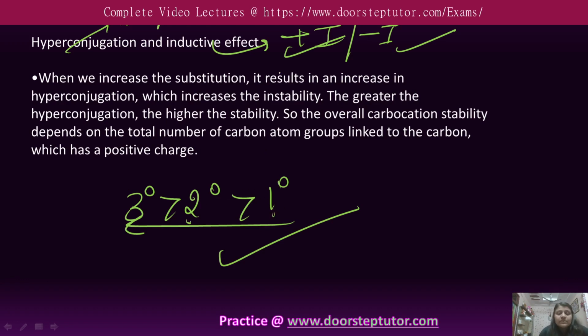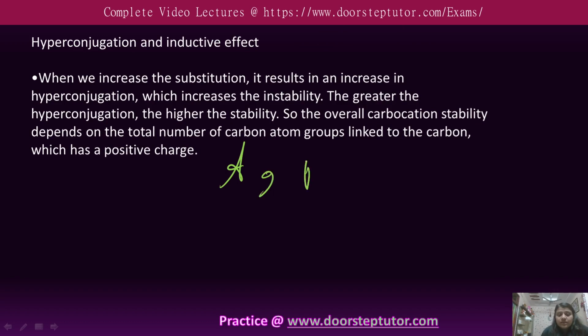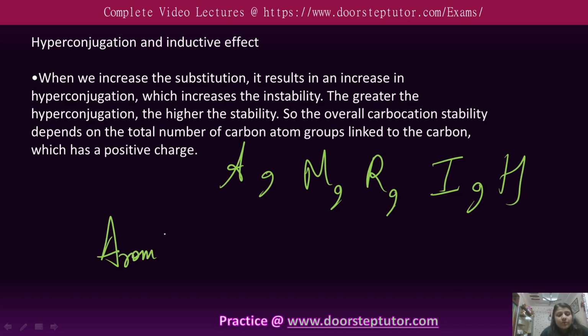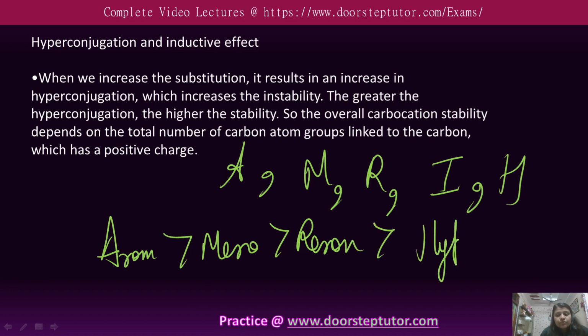So the carbocation stability depends upon aromaticity, mesomeric effect, resonance, inductive effect, and hyperconjugation. First of all, you have to prioritize the aromaticity. Second, you have to prioritize the mesomeric effect. After that, you have to prioritize the resonance. Then hyperconjugation, then the inductive effect. On this basis, you have to arrange the carbocations.